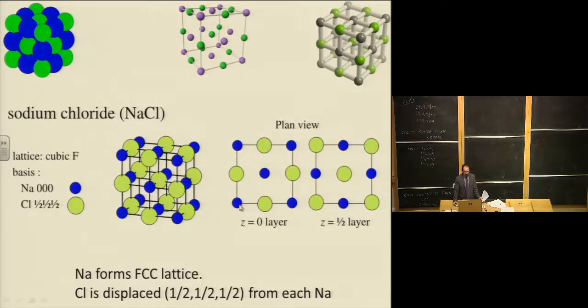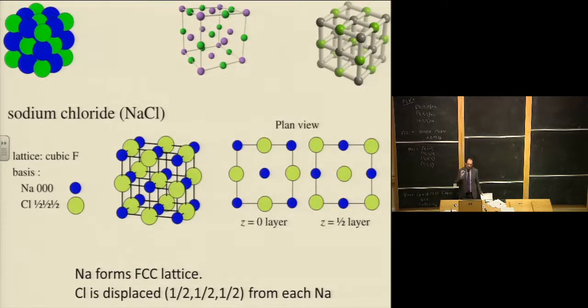The blues would be the sodiums and the chlorines. So for example, if I start at a sodium and I go over 1/2, back 1/2, and then up 1/2 to the next layer, I get to a chlorine atom. When you describe a basis, you should always describe the basis of the primitive unit cell. So here, I don't talk about the conventional unit cell, which would have 4 sodiums and 4 chlorines.